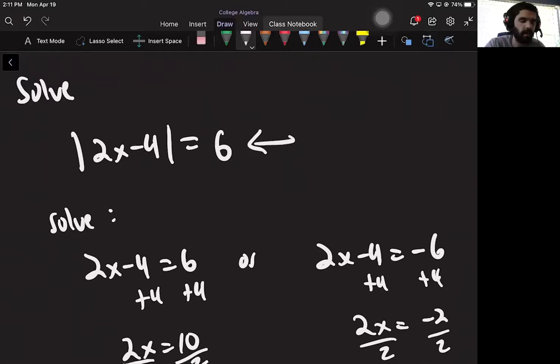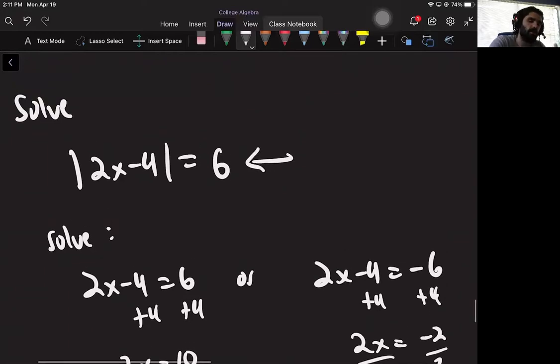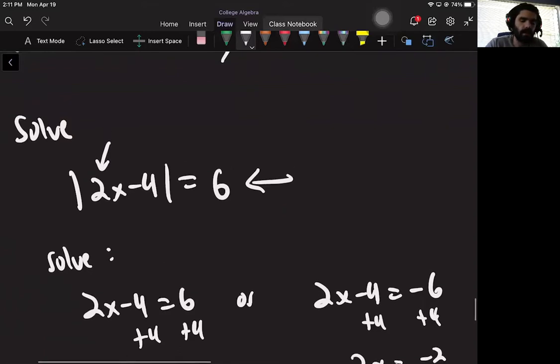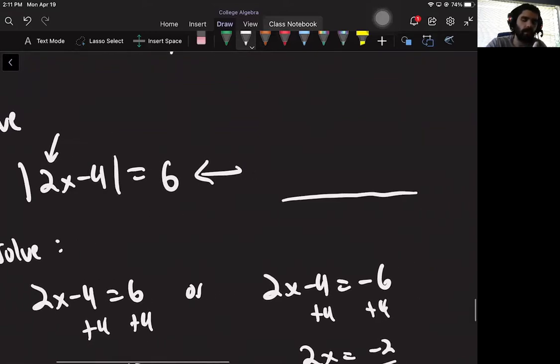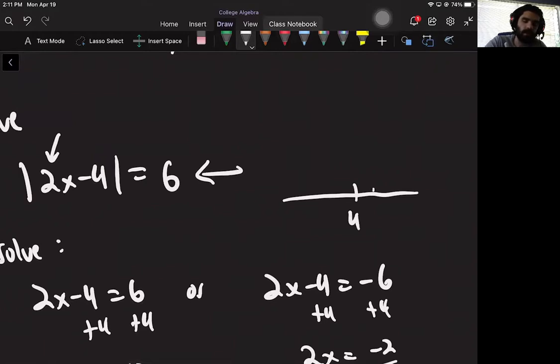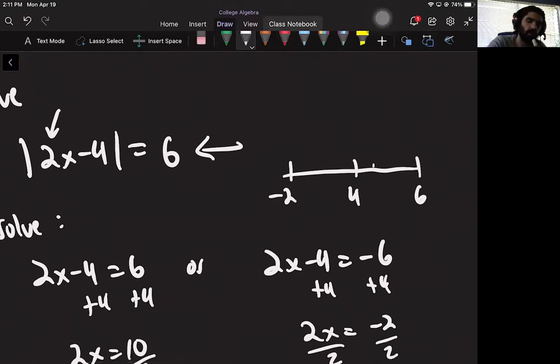And you could think about it graphically again. It's a bit more confusing because of this 2, but this is really saying which x makes 2x be 6 away from 4. So you want to go 6 to the right, 6 to the left. That gives you 10 and -2. Notice that's what these numbers were right here, not coincidentally.